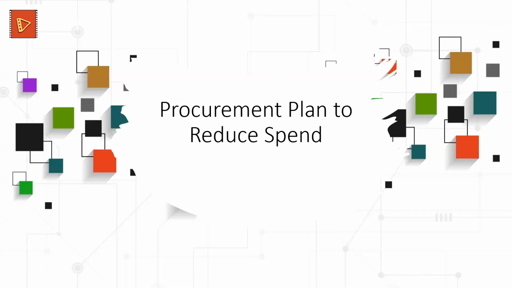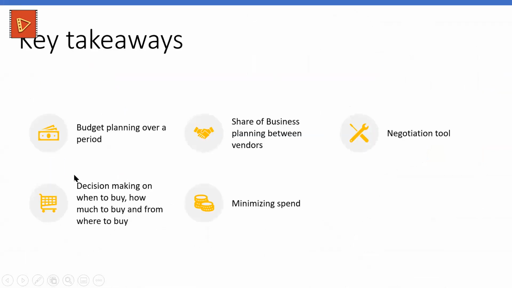In this video, we will show you a procurement plan which can help you to reduce the budget or reduce the spend over a period of time. At the end of this video, you will get to know about these five things.